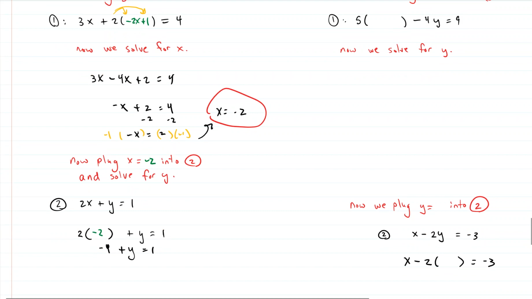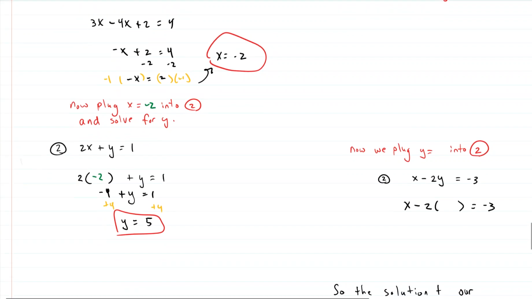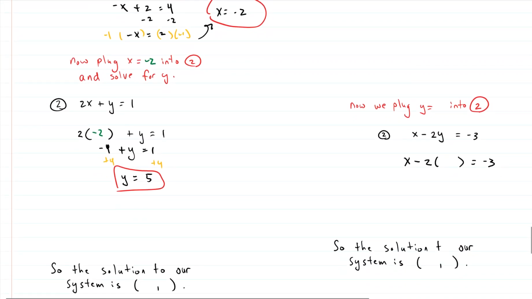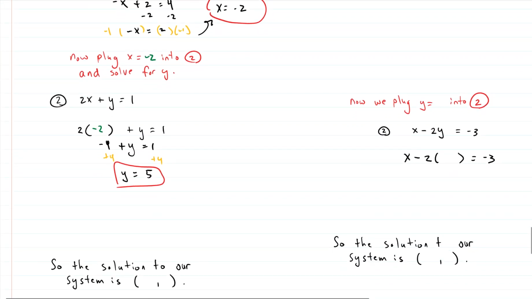Let's add 4 to both sides, and that gives us y equals 5. So now we have an x and our y coordinate. So our solution then is the x is negative 2 and the y is 5. So that's the point that touches both lines simultaneously. In other words, that's the point where the two lines cross.